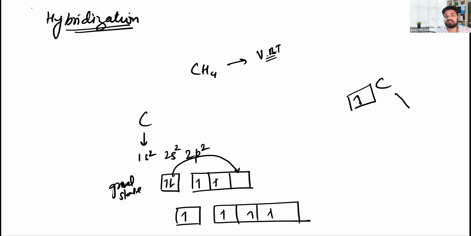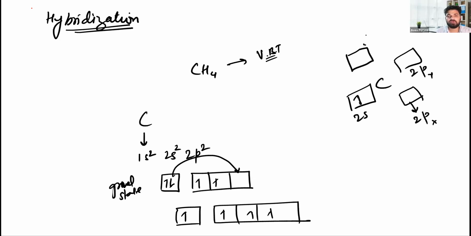This shell is of p orbital, or we can say it is 2p. This is the 2s shell, this is the 2p shell: 2px, 2py, and the fourth one is 2pz. And all of them are going to have one electron.